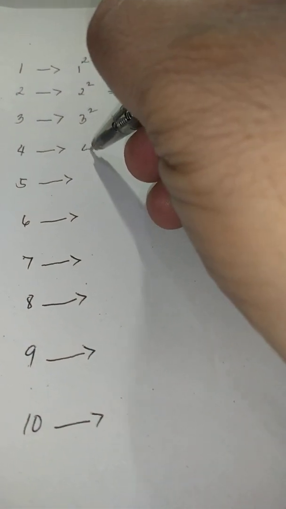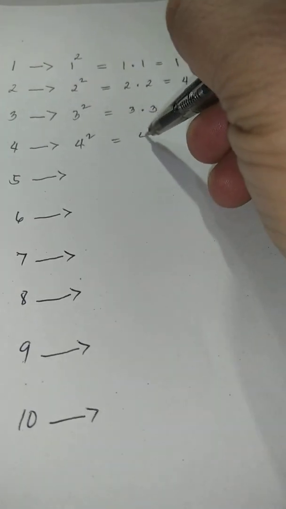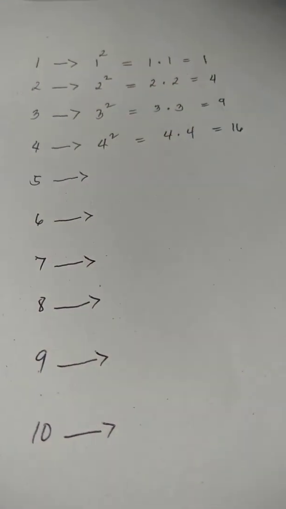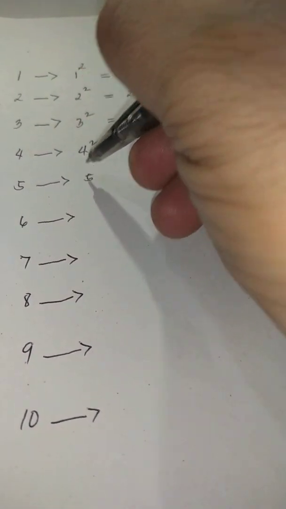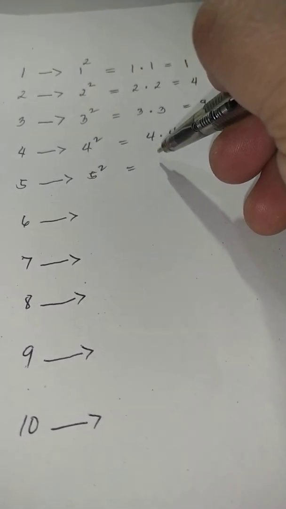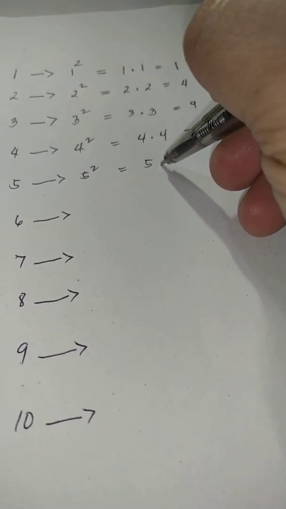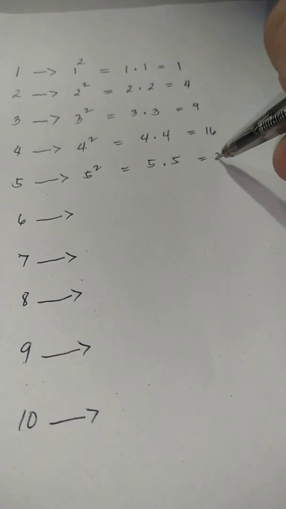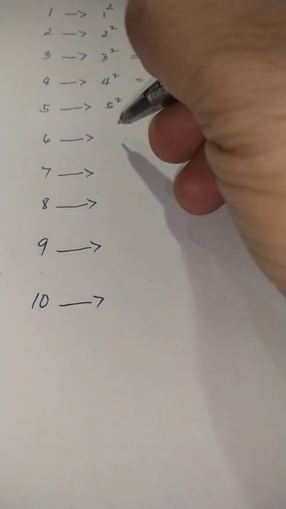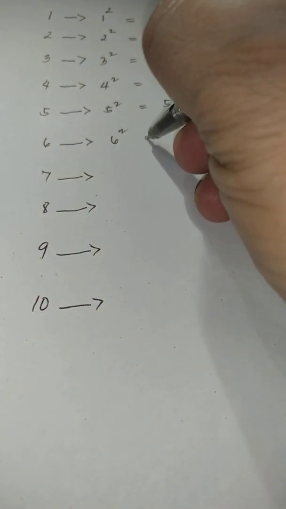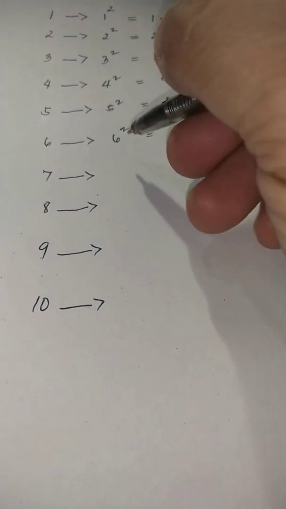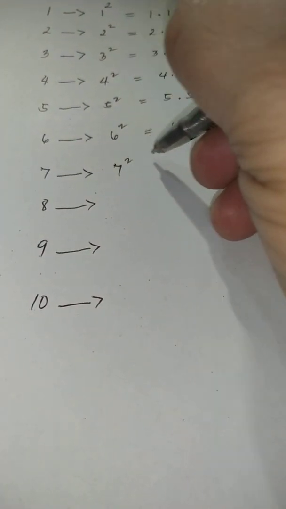Next, we have 4 square. That is 4 times 4 equals 16. We get the square of 5. That is 5 times 5 is equal to 25. Square of 6. That is 6 times 6 equals 36. 7 square.